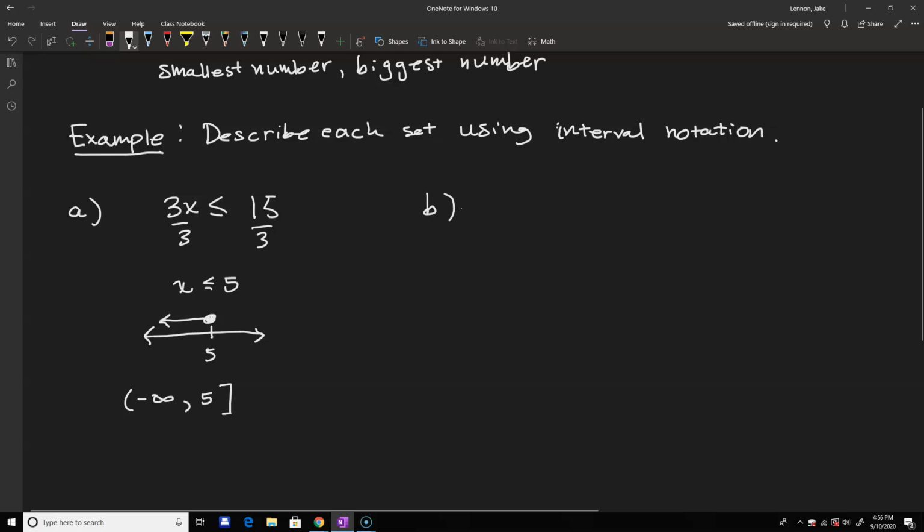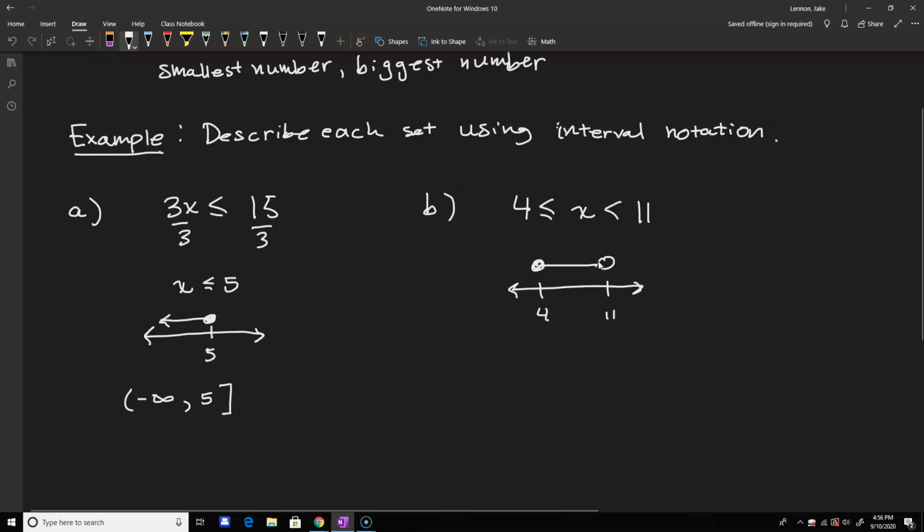We could also have something like 4 is less than or equal to x is less than 11. This is a compound inequality. If you would graph that, we would have our 4 and our 11, we would shade the 4, we would have an open dot on the 11, and then we would shade in between.